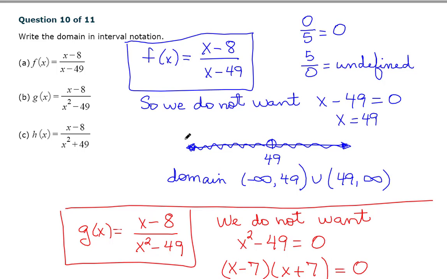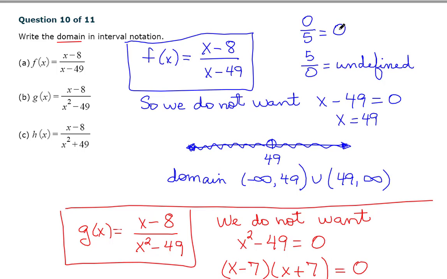All right, in question 10 here, they're asking us for these functions to figure out what's the domain. What inputs can we use? Well, let's see. I see this problem has an x, or a variable, in the bottom part, in the denominator.